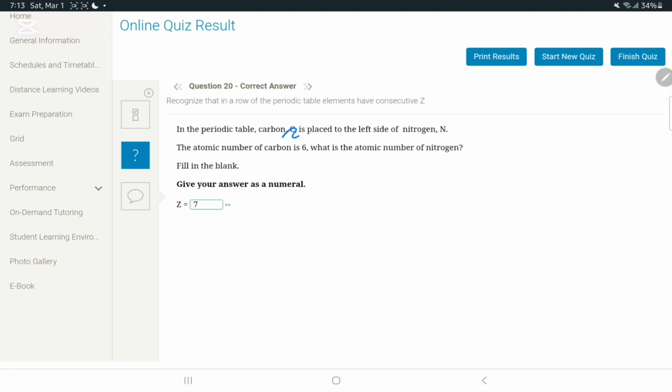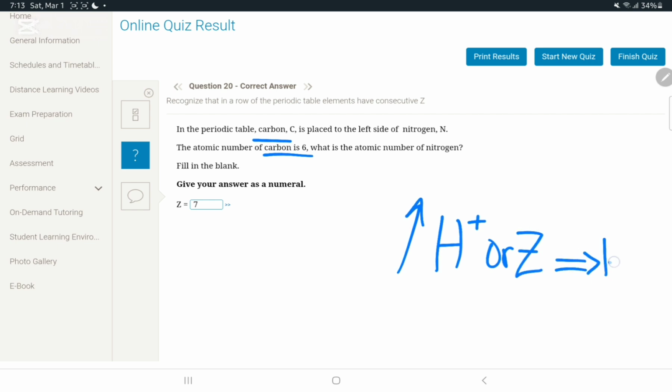In the periodic table, carbon is to the left side of nitrogen. The atomic number of carbon is 6. What's the atomic number of nitrogen? Atomic number, or H plus, or Z, increases from left to right.